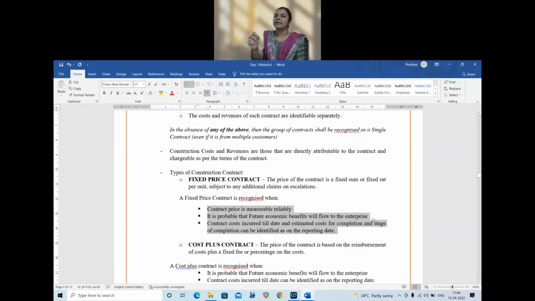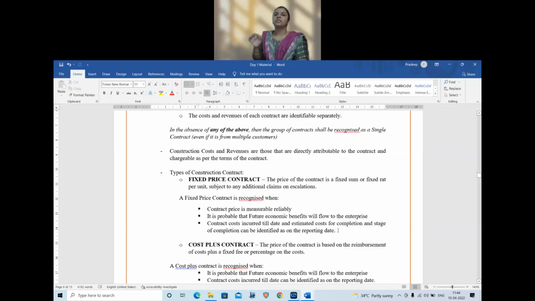So 2 points. These are very common points, reliable measurement and probable future economic benefits. Third, construction costs incurred till date, estimated cost of completion and the stage of completion are identifiable as on the reporting date.